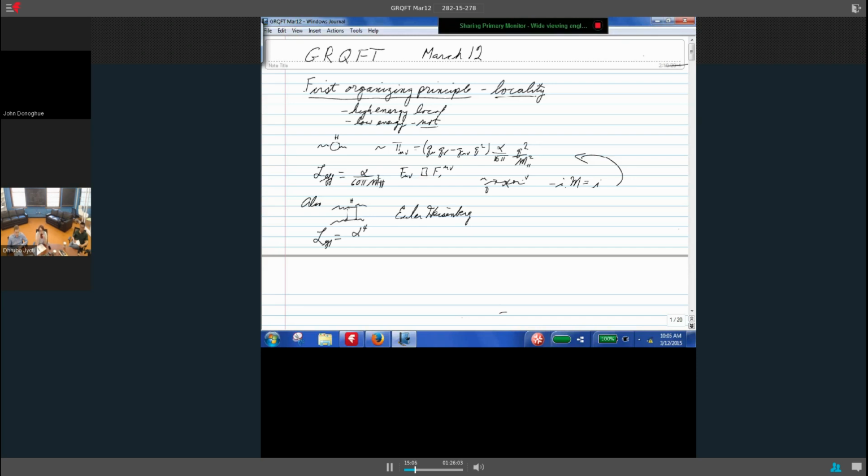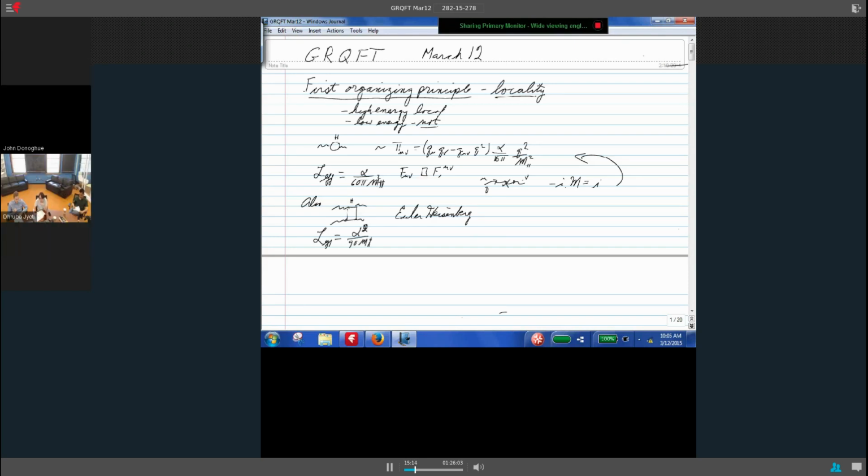And the effective Lagrangian of that is, well, it's alpha to the 4th, I'm sorry, it's alpha squared over 90 m_h to the 4th.